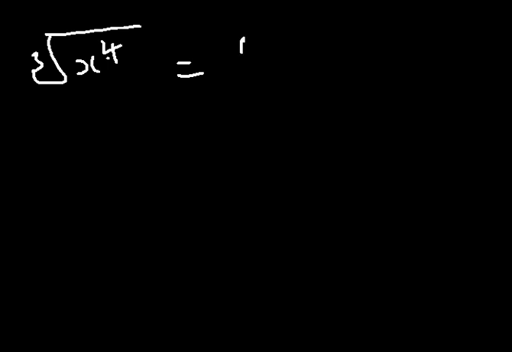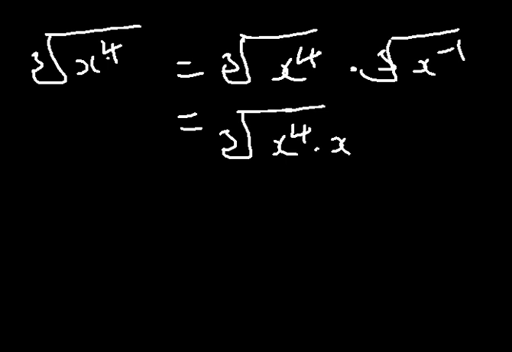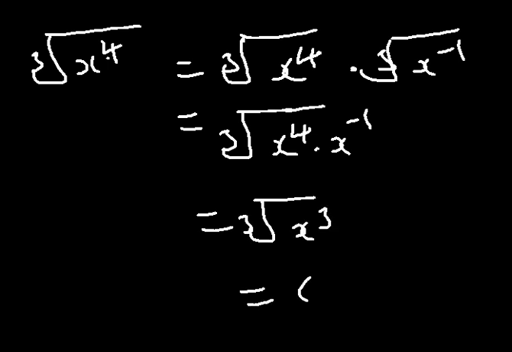We'll have the cube root of x to the power 4 times the cube root of x to the power -1. According to the laws of indices, this is the cube root of x to the power 3, which corresponds to x. Hence, the radical has been eliminated.